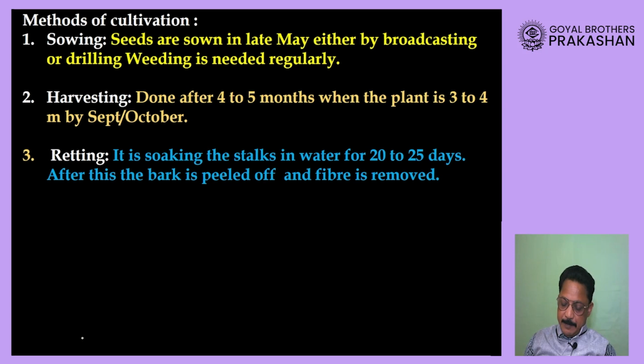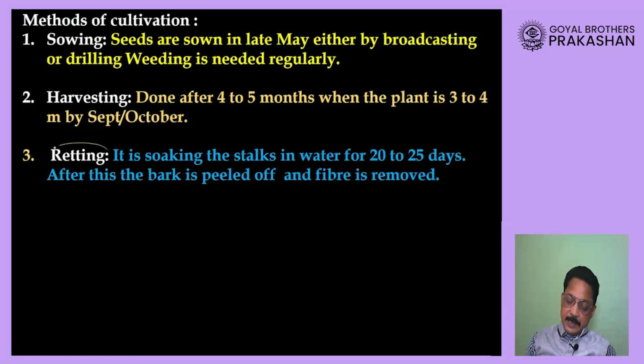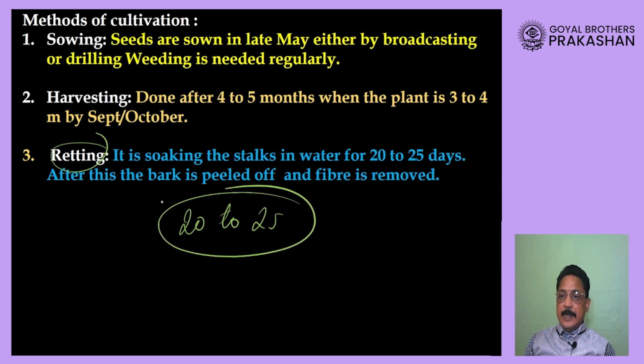Sometime back we saw this picture, dear students, where the jute crop is put in water and soaked. This process in which we soak the jute crop in water is called retting, and it is kept in water for 20 to 25 days so that the bark becomes loose and can be removed easily from the crop.